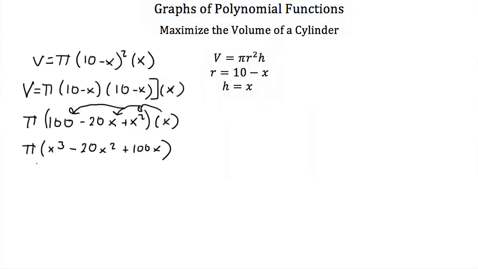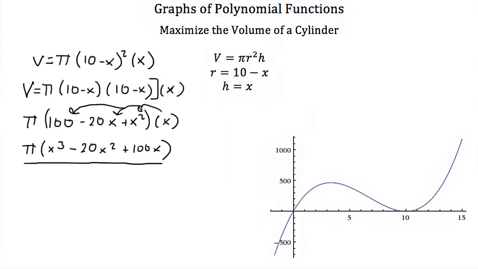So now we want to maximize the volume of our cylinder. Well, let's look at the graph of this function. The graph of this function will look something like that. Now notice on this graph, we can find our x-intercepts, or the solutions to this polynomial. They occur here at 0, and they occur here at 10.